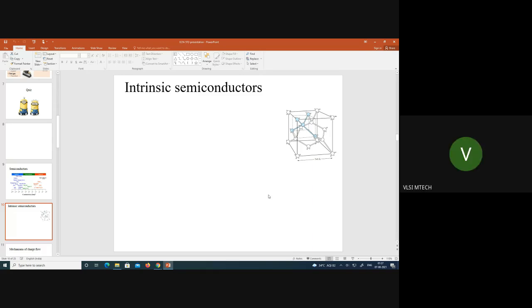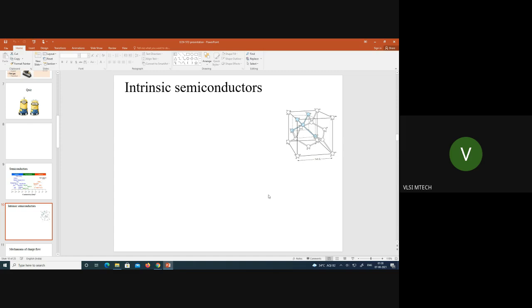Right, so we'll start with intrinsic semiconductors. In this course we will be primarily discussing silicon, but a lot of the discussions that we will have are also valid for other semiconductor materials. They usually share similar properties, and that is the reason for their semiconducting nature.